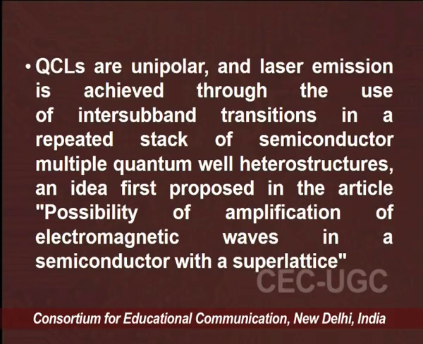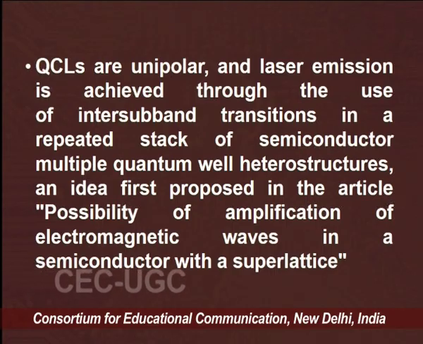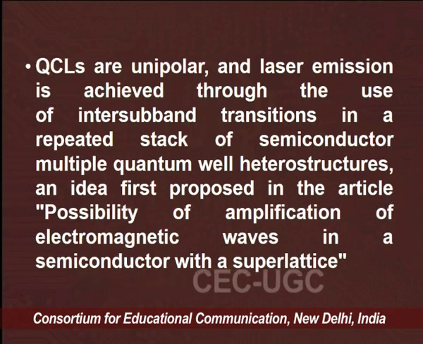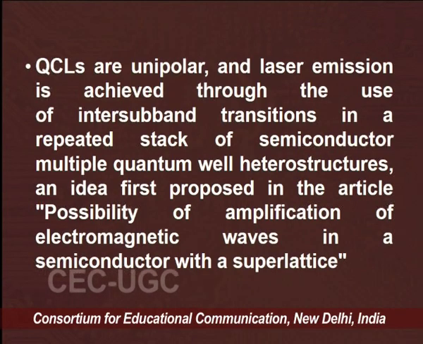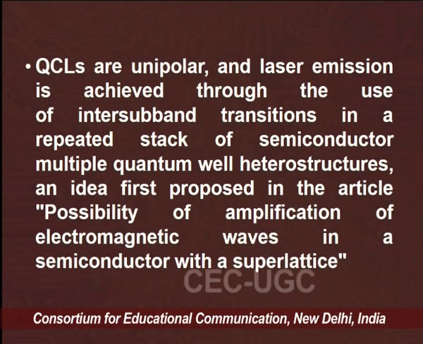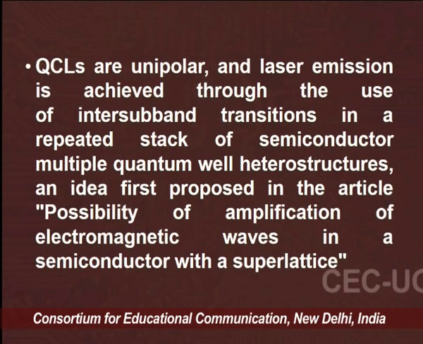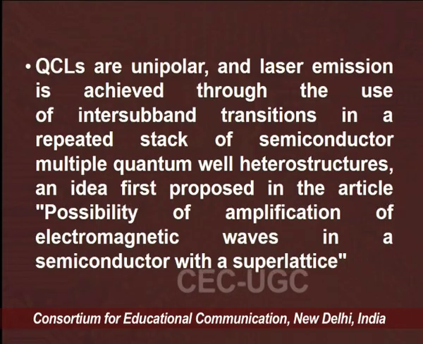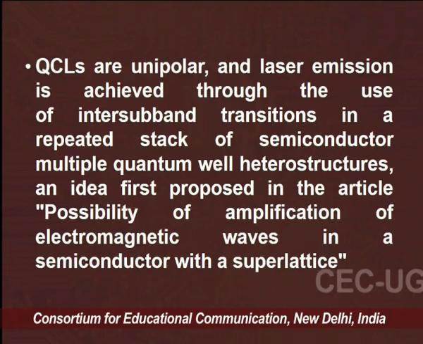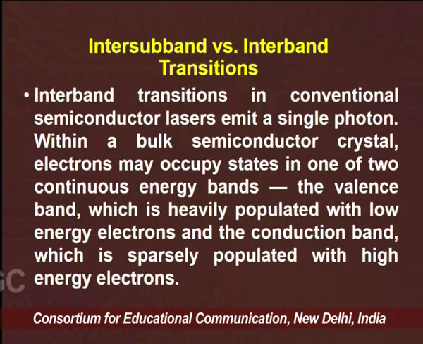This idea was first proposed in an article that described the possibility of amplifying electromagnetic waves in a semiconductor with a superlattice. Here we are using the superlattice, and in it there are intersubbands, and a transition between the intersubbands achieves the emission, using a repeated stack of semiconductor multiple-well heterostructures.